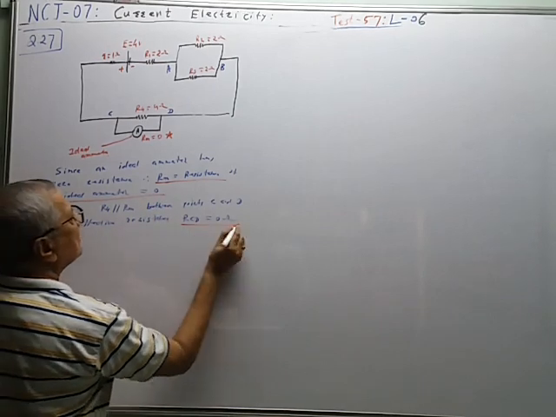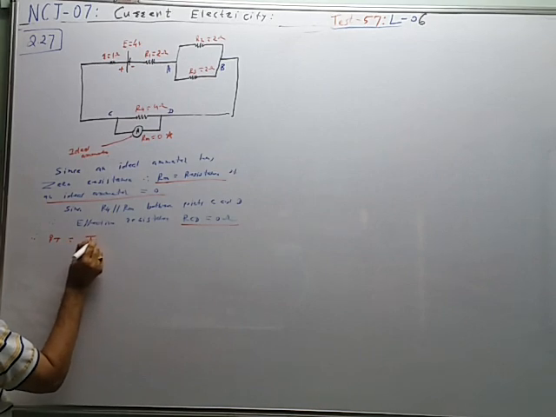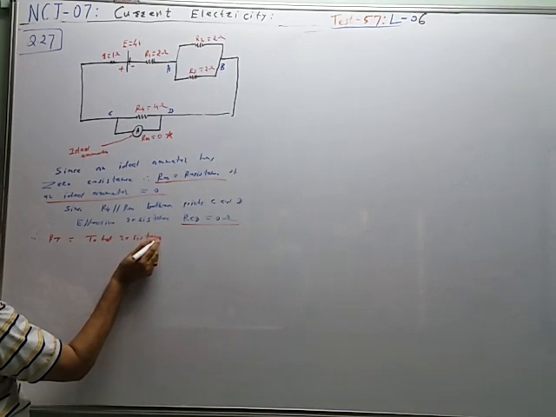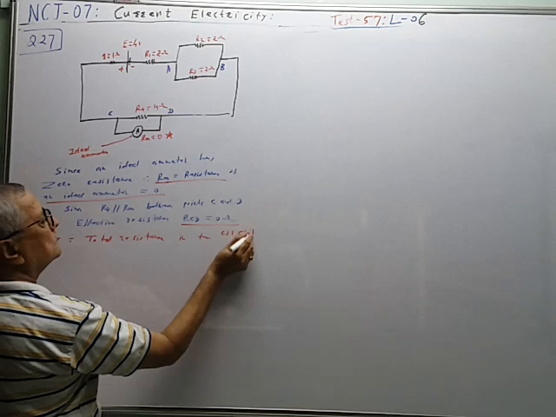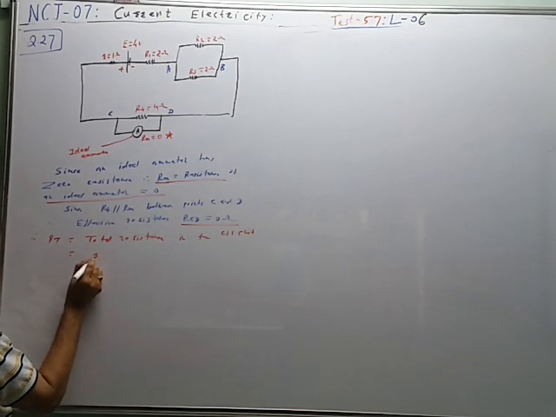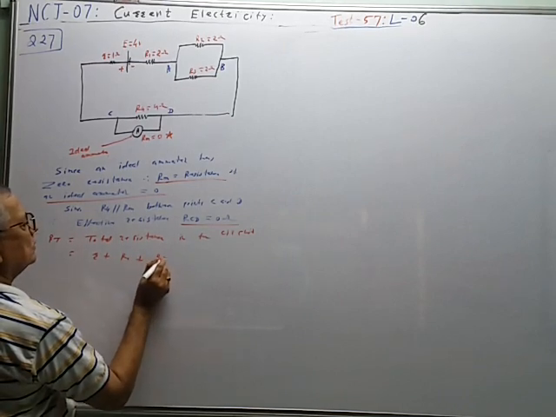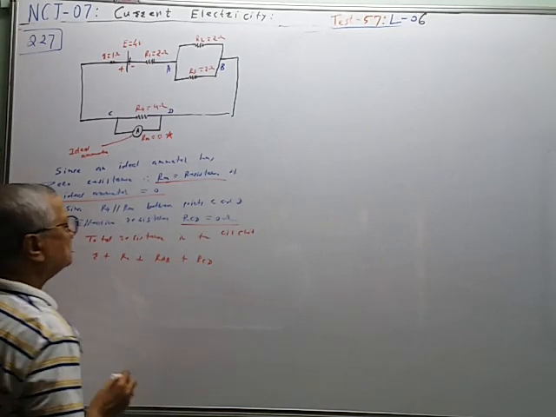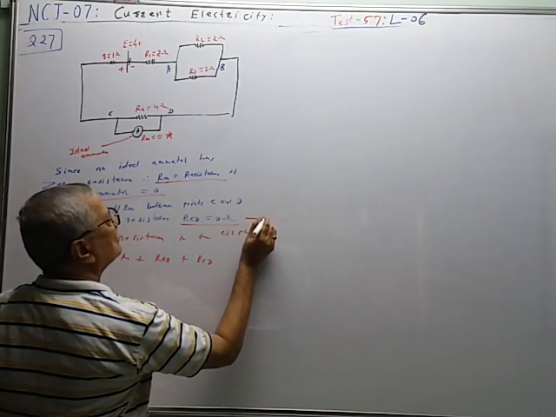Rm is equal to 0, therefore RCD is equal to 0. Therefore RT, the total resistance in the circuit, is equal to small r plus R1 plus RAB plus RCD. This is equation 1.